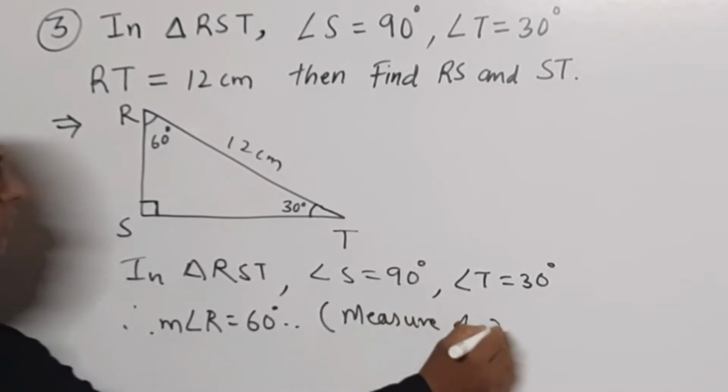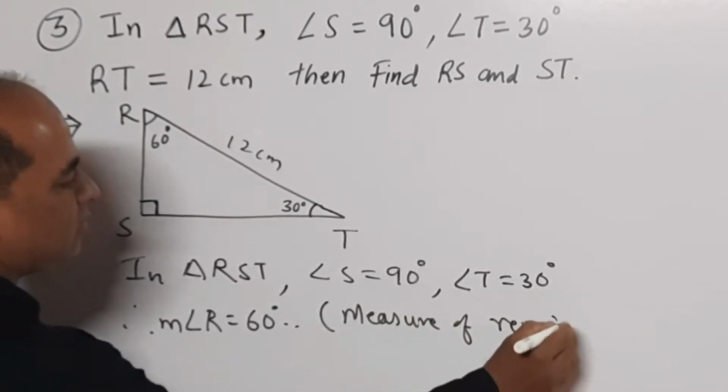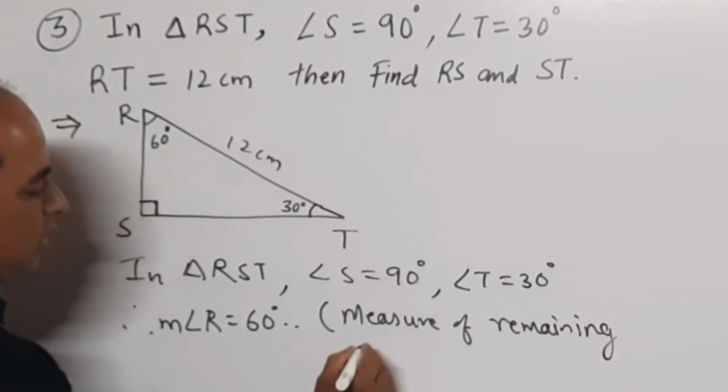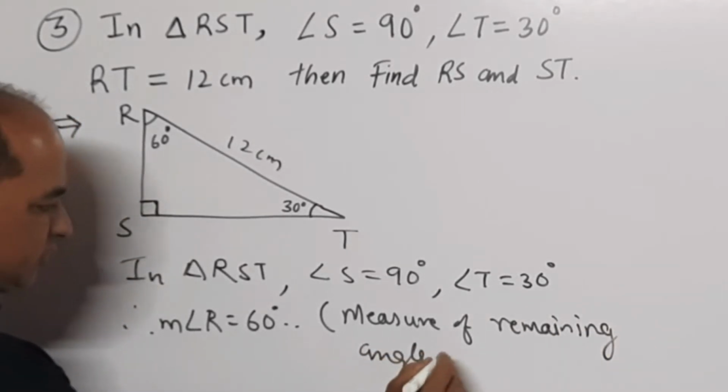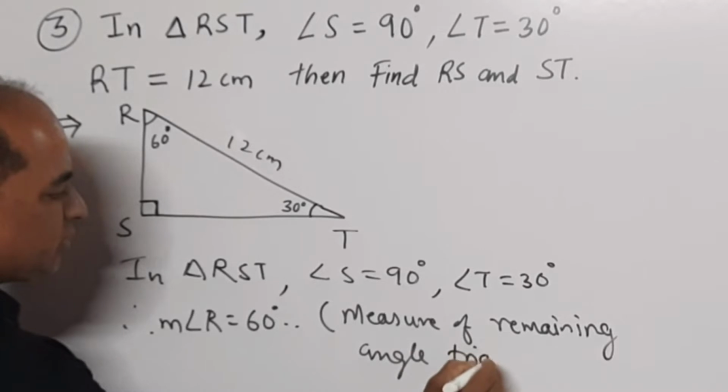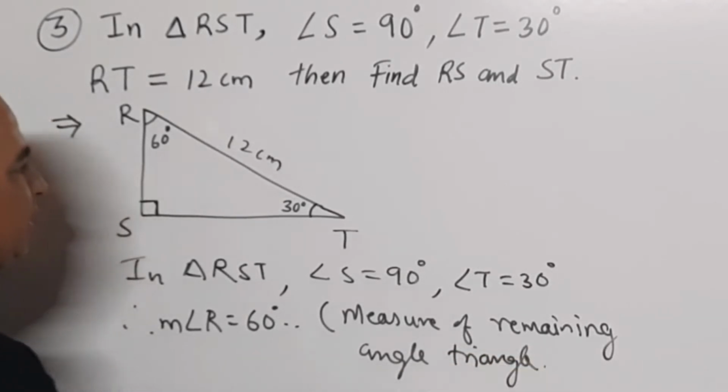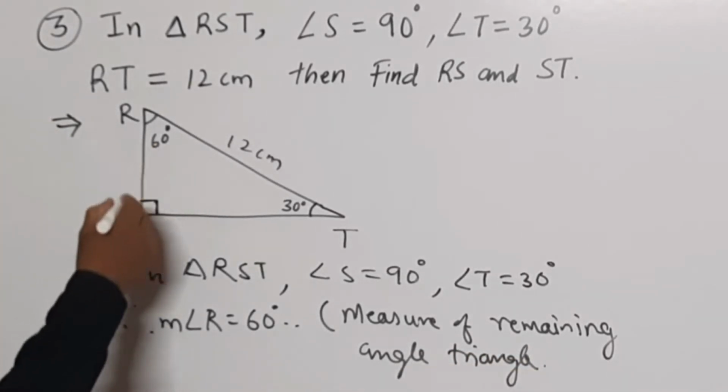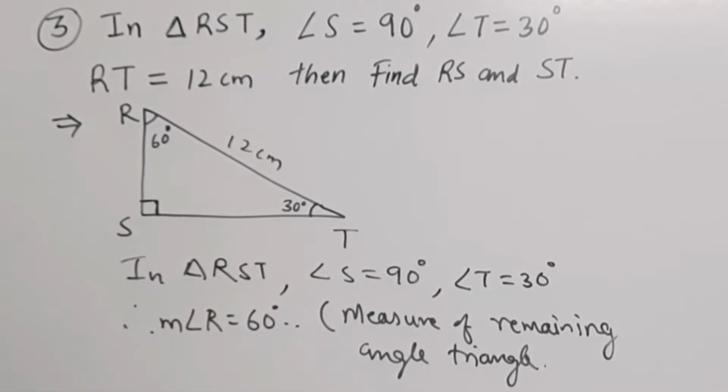Since the sum of the measures of angles of a triangle is 180 degrees, this triangle is a 30, 60, 90 degree triangle.